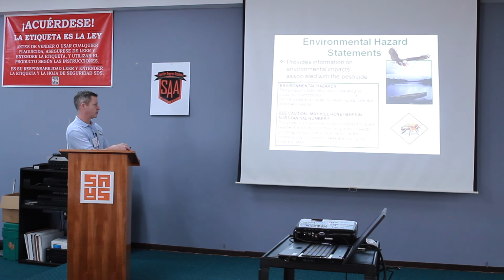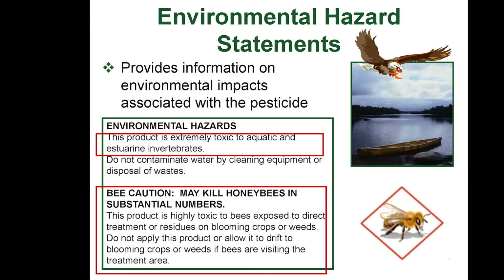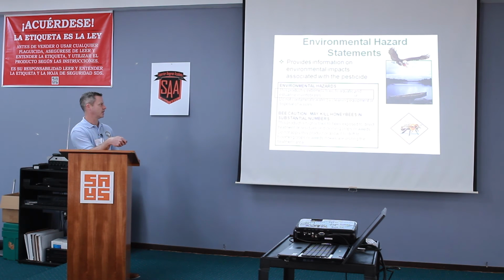Environmental hazard statements. So these statements, of course, are related to the environment. So if the product is extremely toxic to aquatic organisms and invertebrates, then obviously that's something good to know. And I would think in Puerto Rico on the island, you're certainly concerned with water, since you have a lot of water everywhere, and preventing any exposure to the aquatic organisms.